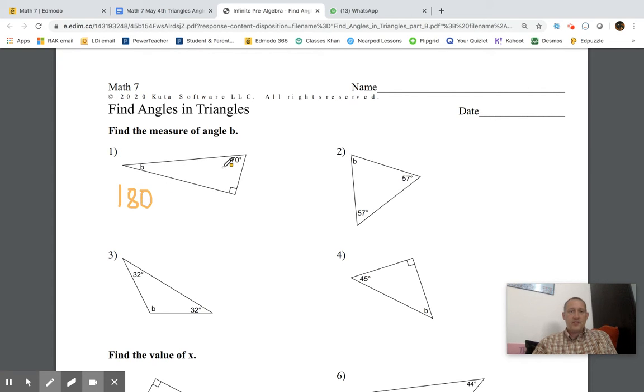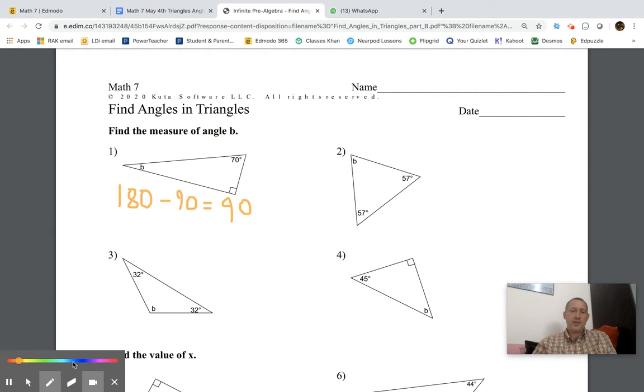if that equals 70 plus 90 plus b, well, then all I have to do is subtract 70 and 90 to get the b. So 180 minus 90, that's going to equal 90, right? Okay, and you can use your calculator.